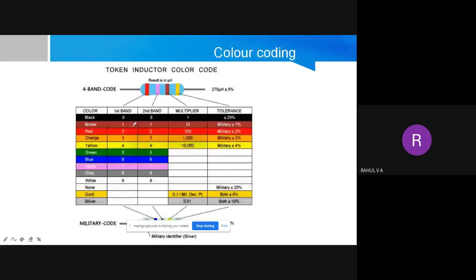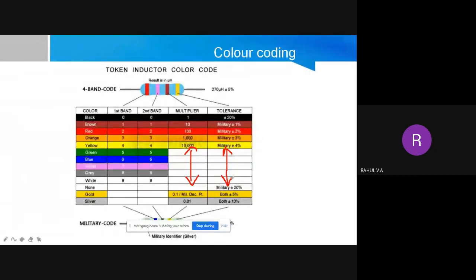Okay, again the color coding of inductors is almost similar to resistor color coding. I'm not discussing that. The only difference is the multiplier value. Normally they won't ask this for the exam. Normally they will be asking, as I said earlier, resistor color coding and capacitor numerical coding for the exam.